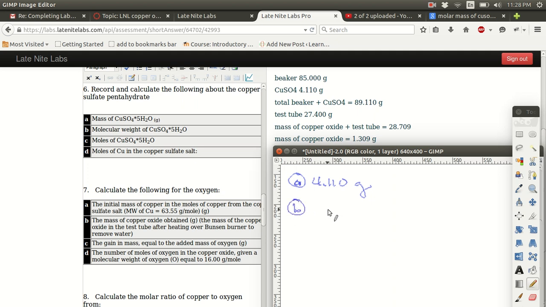What is the molecular weight of copper 2 sulfate pentahydrate? Do you know how to calculate that? You calculate the molecular weight, also known as the molar mass, by using the periodic table. We're going to calculate this in grams per mole.